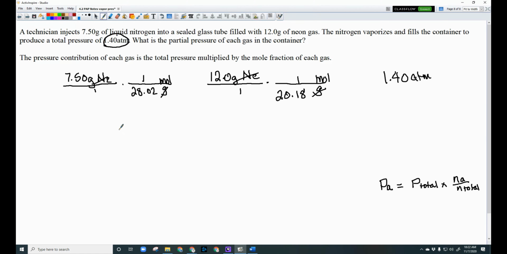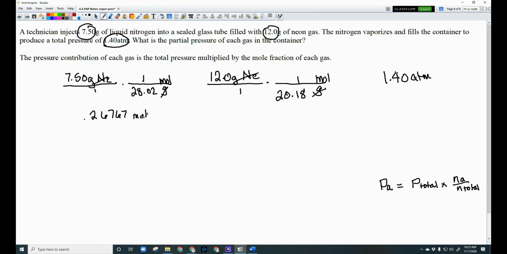All right, so let's go ahead and do the math on this one. 7.50 divided by 28.02 is going to give us, we don't need all of those numbers, so let's see. We are going to have 3 sig figs in this. So if we just use 5, 0.26767 moles.